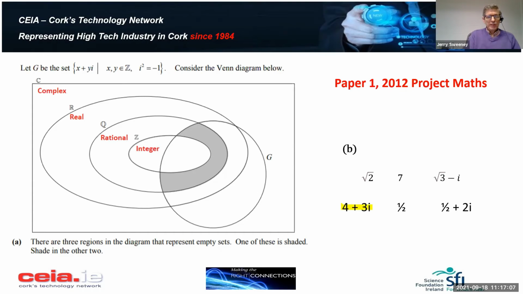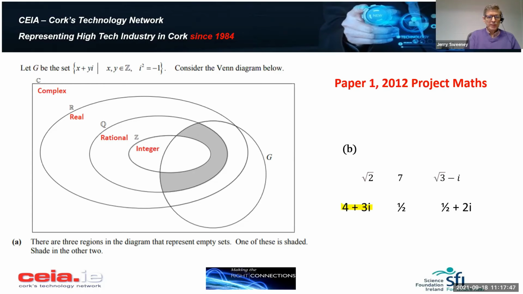X and Y are members of Z. And if you have any difficulty remembering what Z is, it's actually shown in the diagram here as being integers. So what you do is you take the 4 plus 3i and you figure out where that goes. It's not an integer as such because it is definitely a complex number, but everything inside G contains X and Y as integers.